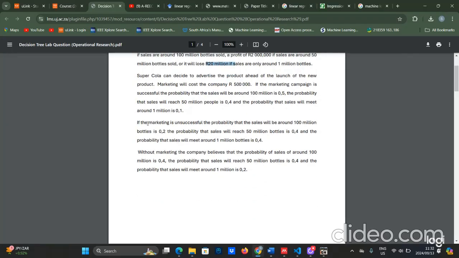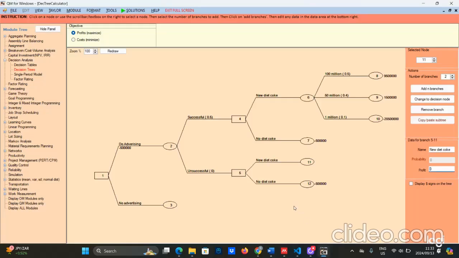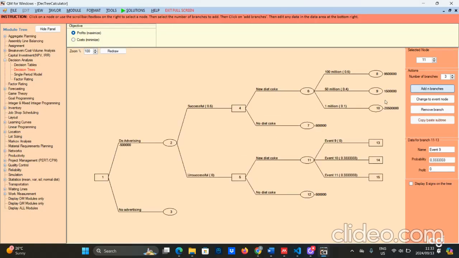As they said here, if the marketing is not successful, the probability that they will sell 100 million bottles is 0.2, the probability that the sales will reach 50 million bottles is 0.4, and the probability that the sales will be 1 million is also 0.4. Which means even if the marketing campaign is unsuccessful and they still decide to introduce the new diet coke, they'll have three likely outcomes, which means we'll have three branches right here.